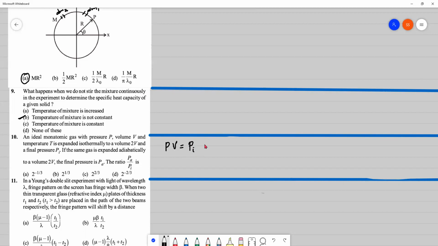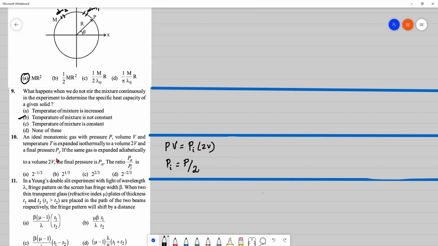So PV is equal to Pi into 2V, V gets cancelled, so Pi is equal to P by 2.